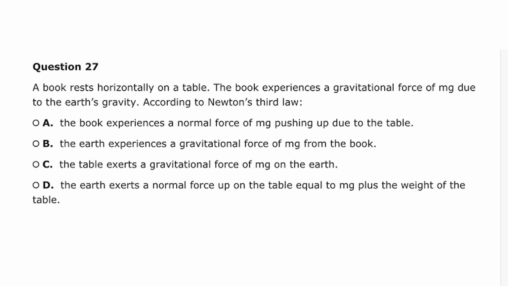So you would assume that if the book exerts a force onto the table, then the table must exert a force onto the Earth. But what if there was a floor between the table and the Earth? Then we're like, oh, the table's on the floor, not on the Earth. It doesn't say if this table is outside on the grass or inside on a floor. So I don't know.